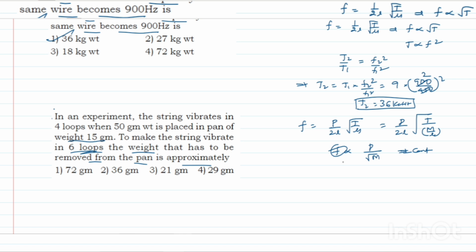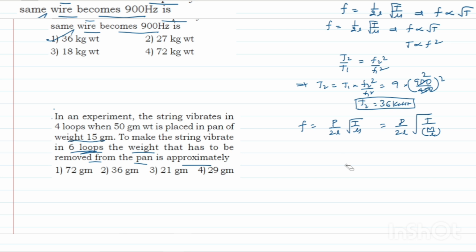Here, 4 loops with 50 gram weight placed, and the weight, students, is placed in the pan of 15 grams.